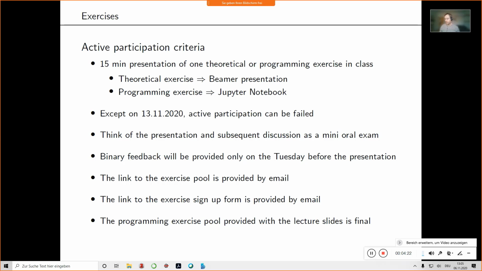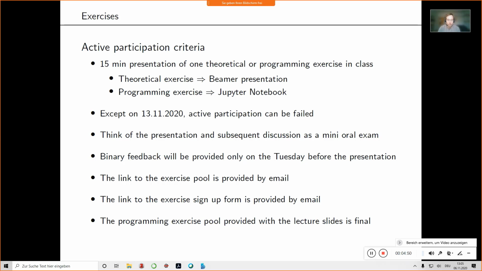Now, the core thing about the exercises is that you obtain your active participation of this module. And what I already outlined this morning is that it differs slightly between Master of Data Science and non-Master Data Science students.